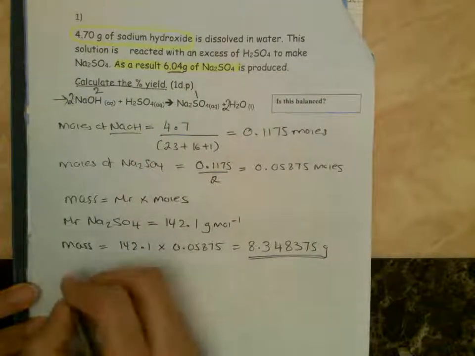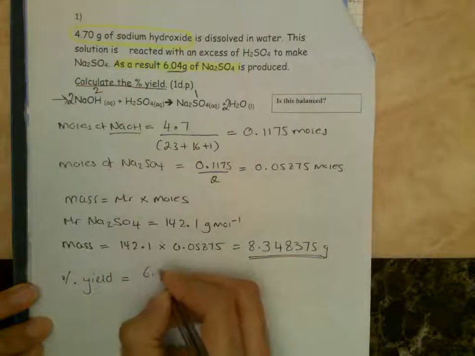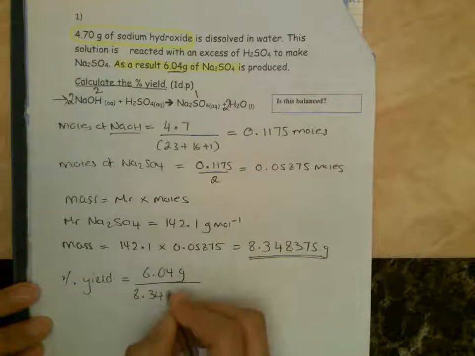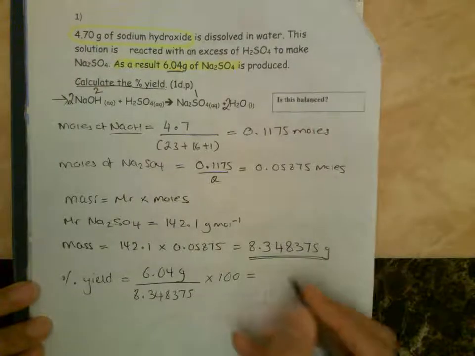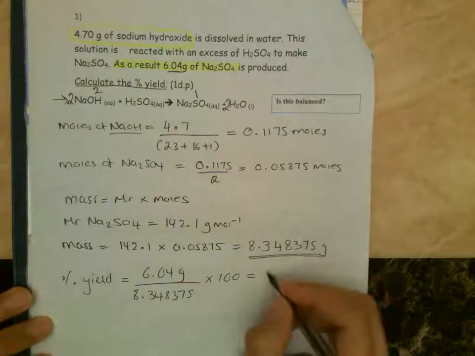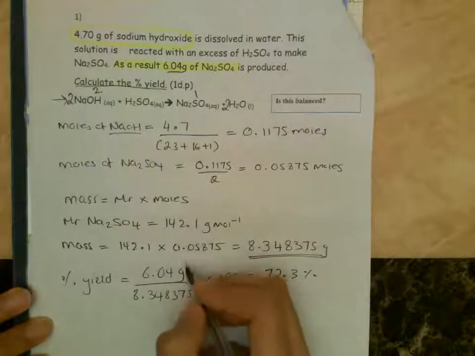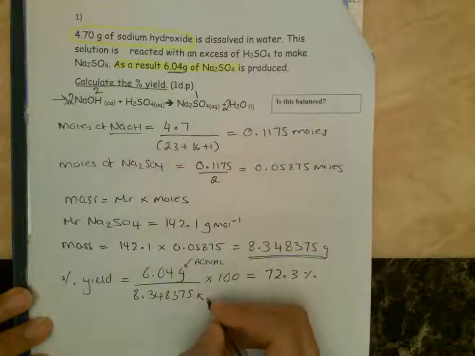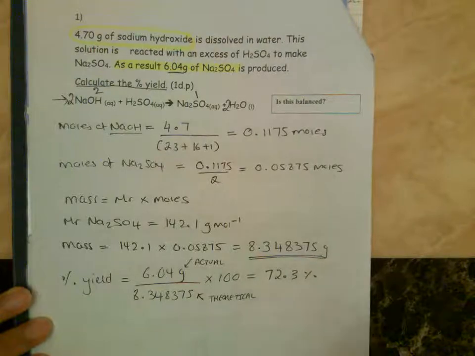So to calculate this yield, divide this by this, and then times by 100. So it's our actual over theoretical.